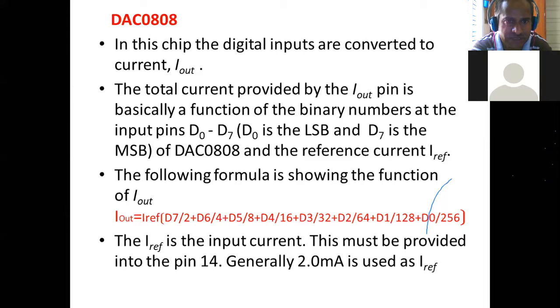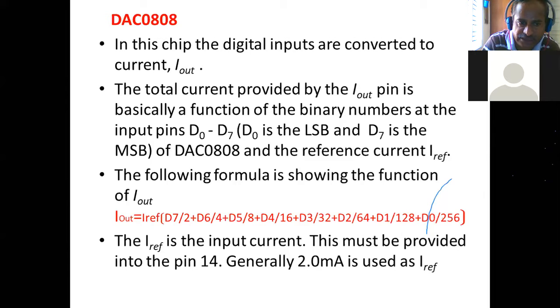See, the total current provided by the I0 pin is basically proportional to the binary numbers at the input pins, that is the digital signals D0 to D7, and the reference current I reference. This is the formula of I0.